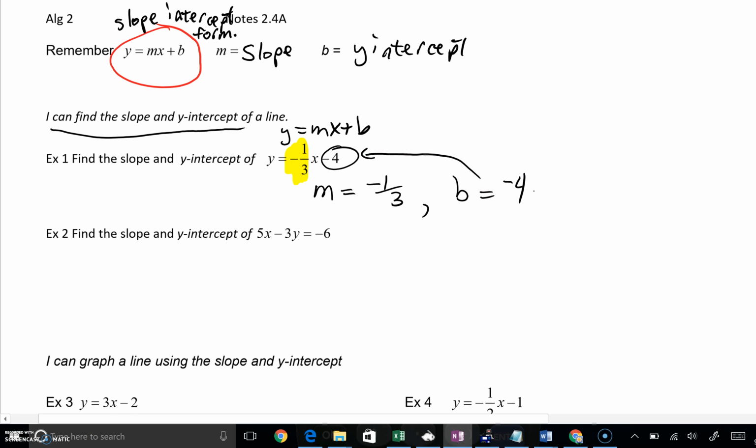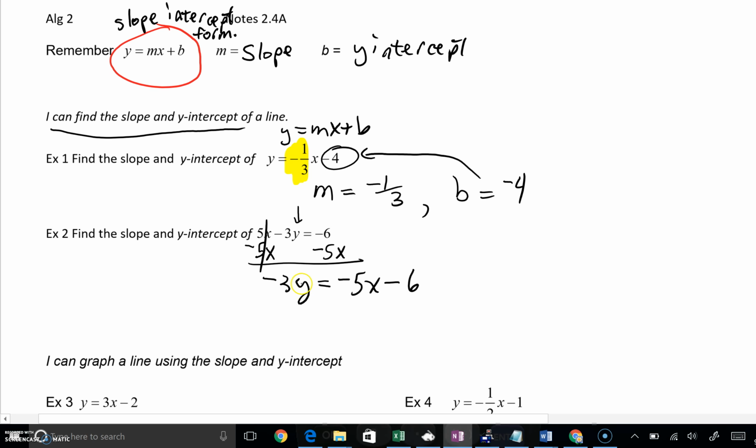And we're done. As we look at example 2, it says find the slope and the y-intercept of this line. Of course, this is a little bit trickier. We're going to have to get y alone. So I'm going to minus a 5x from both sides. And we'll have negative 3y equals negative 5x minus 6.